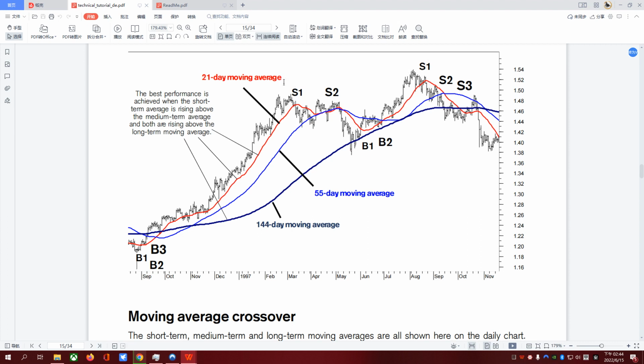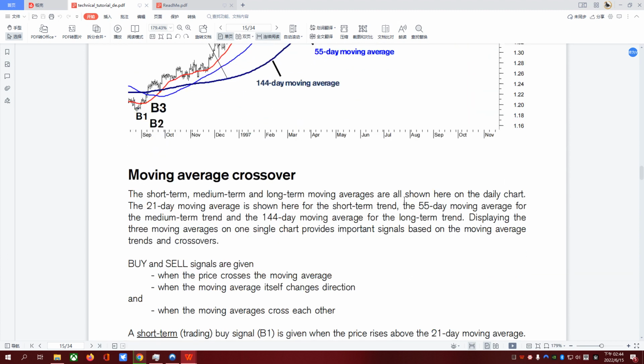The same thing works for buy point 2, B2, and S2 right here. For B2, you see the 21-day crossing the 55-day. And B3, you can see the 21 crossing the 144, right? The same applies for the moving averages.